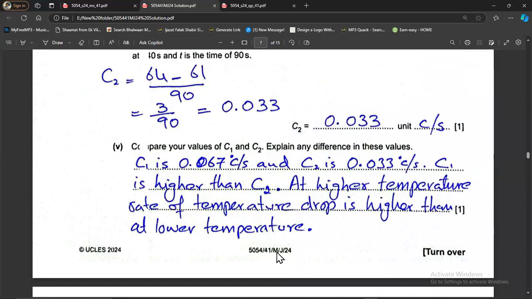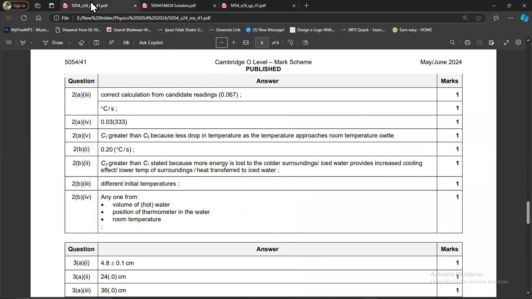That's why the rate of cooling, or the rate of the temperature drop, has also dropped. So I hope you understand this idea. Look at the marking scheme. He says C1 is greater than C2 because less drop in the temperature as the temperature approaches room temperature.